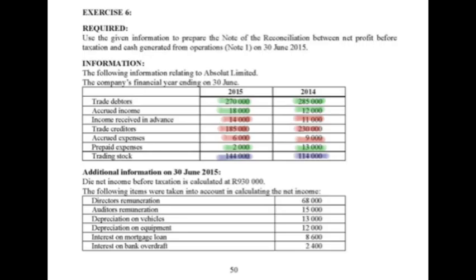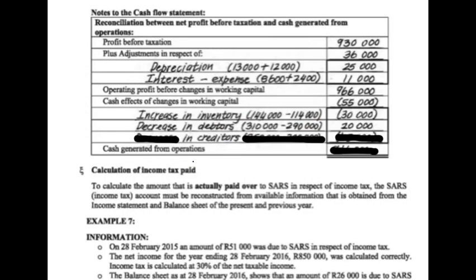Therefore, meaning that it decreased in value, decreased in creditors. In other words, it decreased from 250 to 205,000. So that decrease means that it decreased by 45,000. That 45,000 decrease means that it's an outflow. Remember, a liability that decreases means it's an outflow.